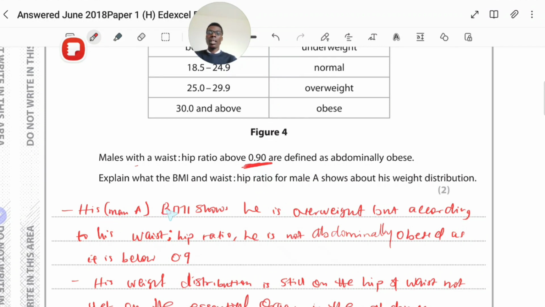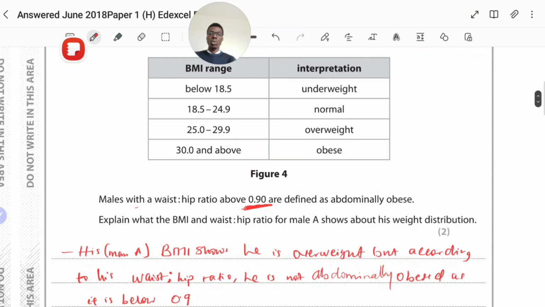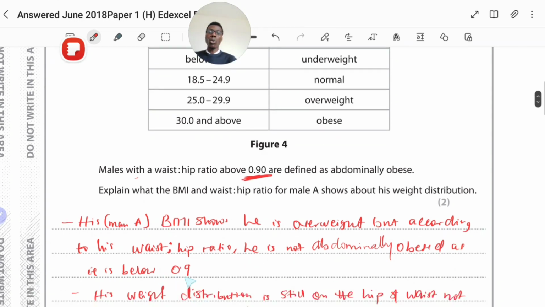So this man, his BMI shows he is overweight, but according to his waist to hip ratio, he is still not abdominally obese, since it's below 0.9. Don't forget, I told you, always reflect your answer to something.